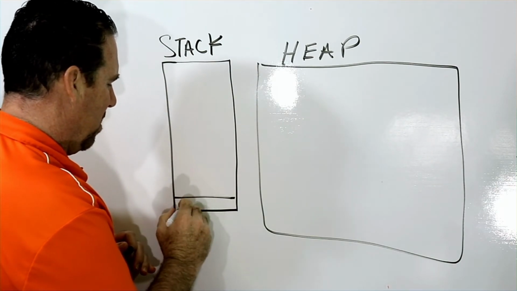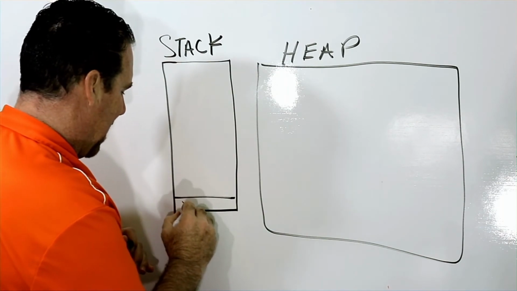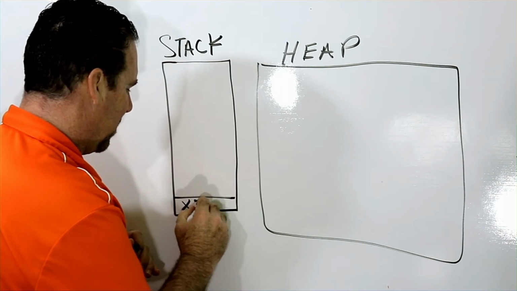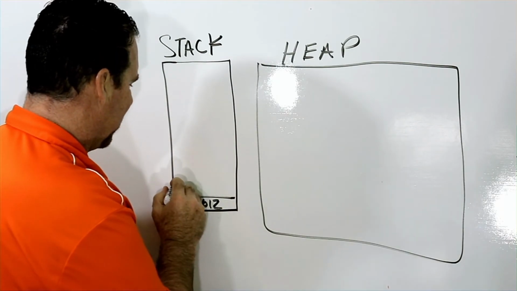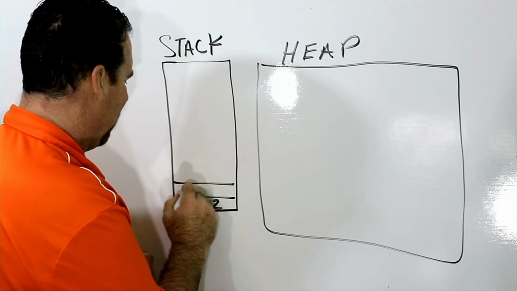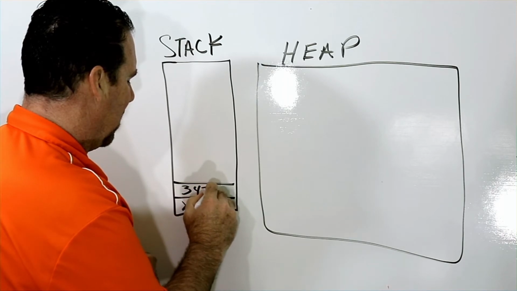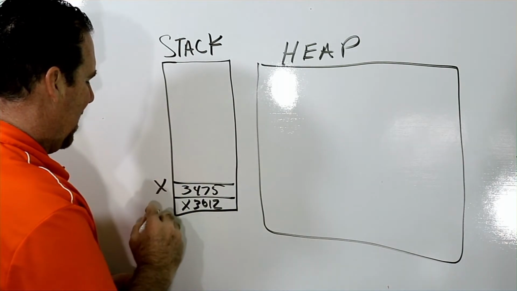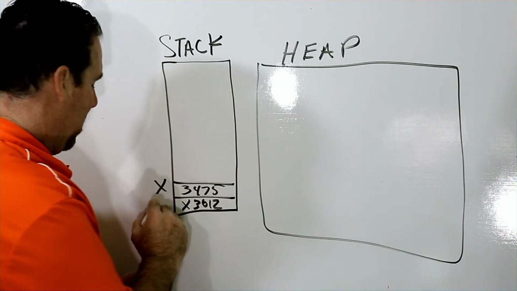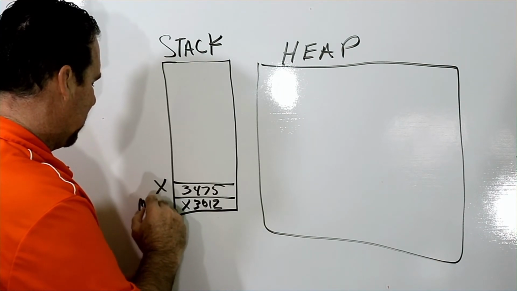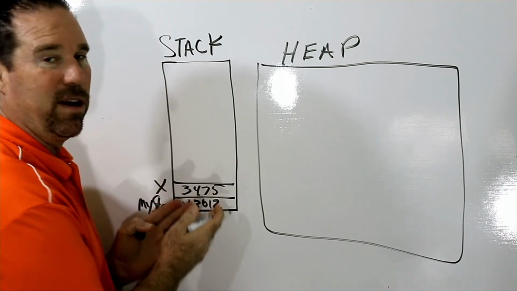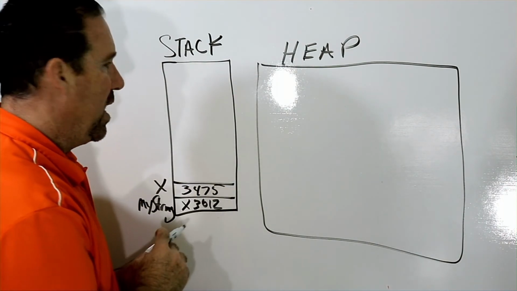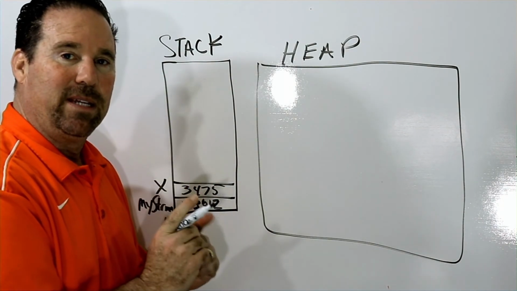Now over here, the memory is like x 3 0 1 2, something like that. And they're just stacked up. This might be x, and this might be your string, like the one we created last time, my string. And they're just stored right here on the stack memory. Very easy. But with objects, things are different.